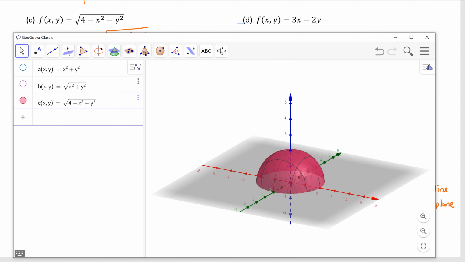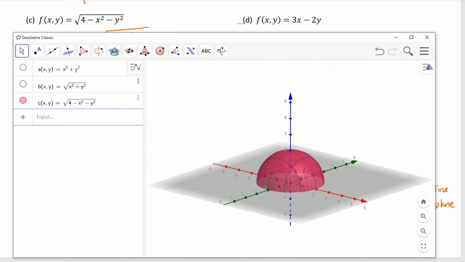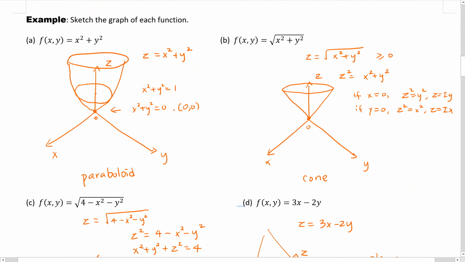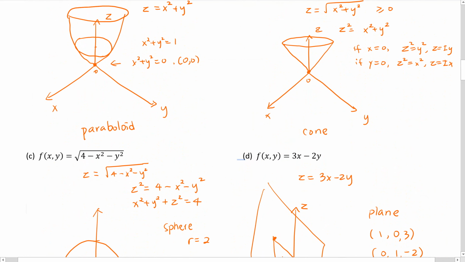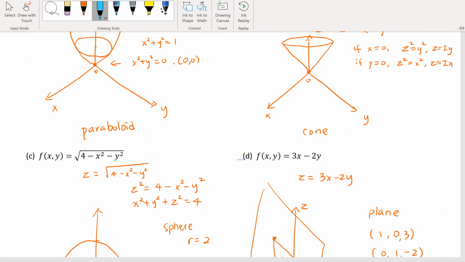Oh, I realized we made a mistake. It's not the whole sphere. It's only the upper half. We remembered it for the cone, but I forgot for part C. The square root is only greater than or equal to 0. Let me use a different color because that is my mistake.